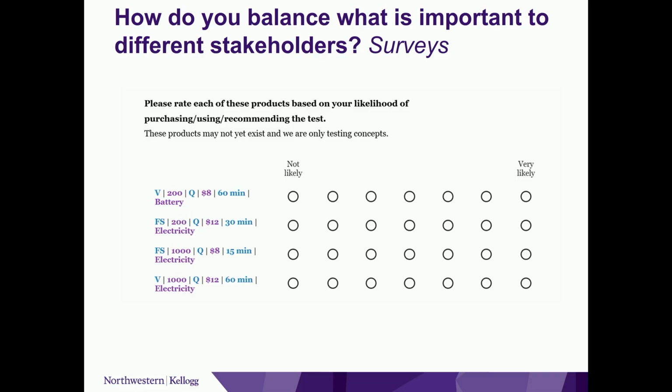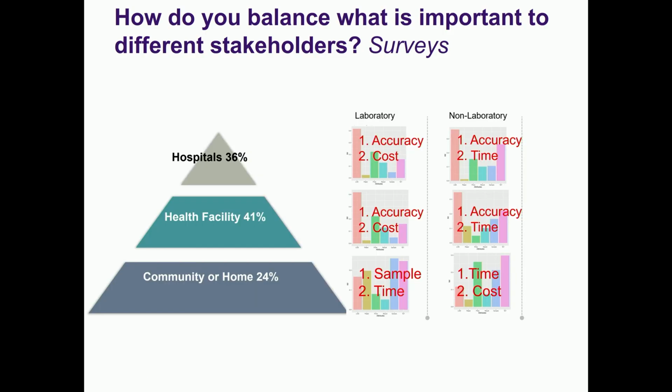So we did this with 103 survey takers from 33 countries, and half of them were lab directors and half of them were other, for an HIV test. And we asked them to rank these 12 random products that we put in front of them. And then we identified the attribute that was the most important for each of the settings and in each of the stakeholder types.